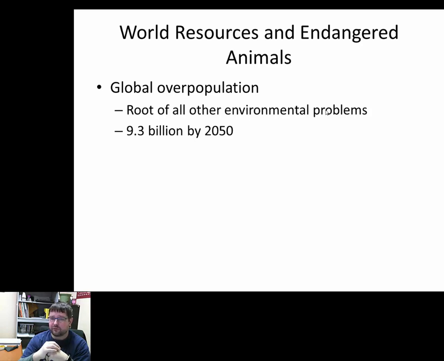And we'll talk a lot more about this as we talk about growth rates of population later on in the semester. But most estimates are that we'll get to about 9.3 billion people by the year 2050. Also, the estimates from ecologists is that 9 billion people is the carrying capacity of this planet. Okay, so we'll reach carrying capacity in 2050. Now, that's not that far out, roughly 31 years.